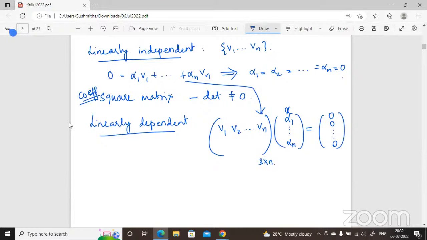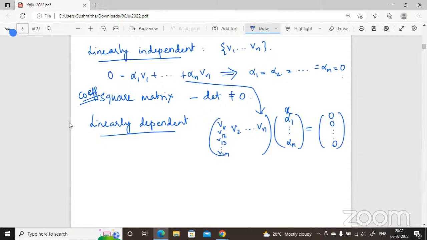If it is square, that is, a 3 cross 3 matrix, then we can take the determinant. Okay, sorry. So the elements of v1 will be displayed as a column, v2 as a column, and so on. Suppose they are in Rm, then it's going to be v11, v12, v13, up to v1m, whatever notation we are giving. All the components of v1 will come in the first column.